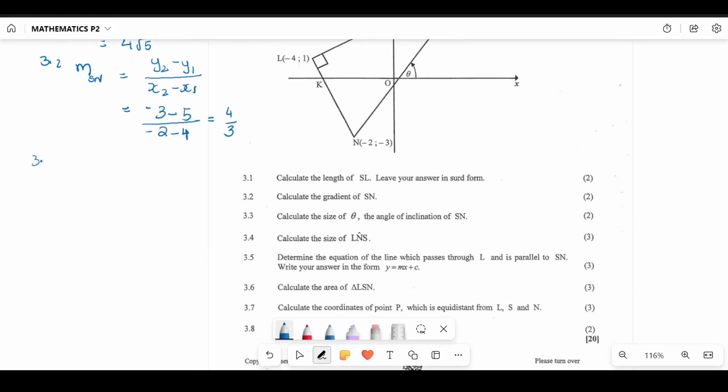So 3.3, we are going to use the formula m of SN equal to tan theta. You are finding theta, so theta equals tan inverse of the gradient. The gradient we already have, which is 4 over 3. Therefore, theta equals 53,13.